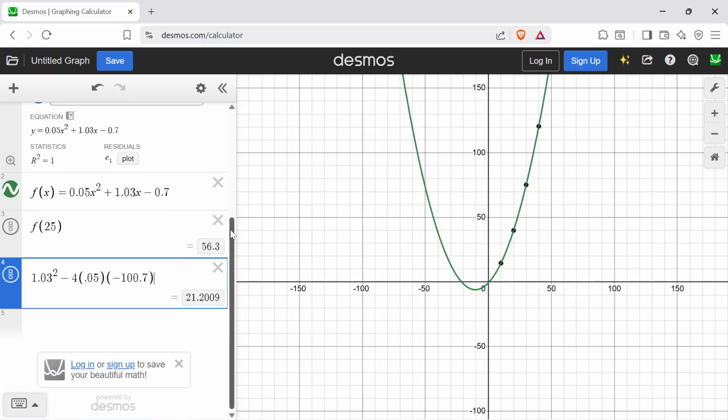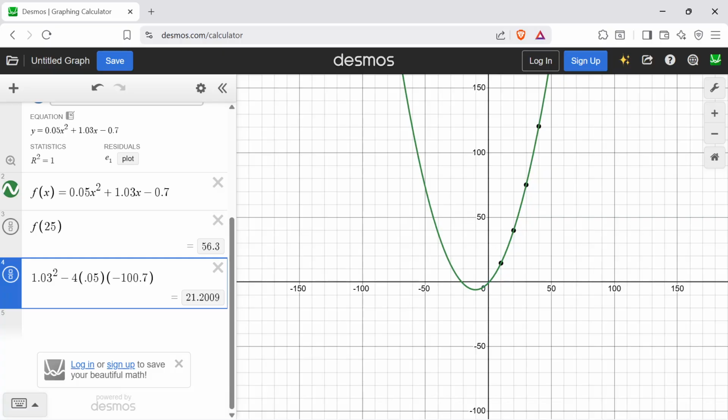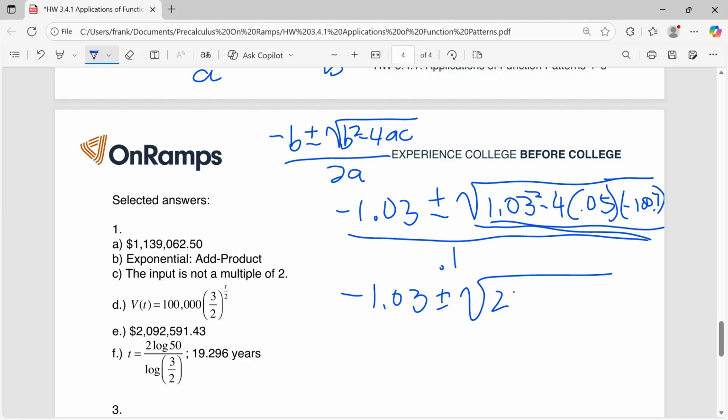That comes up to 21.2009. So this is negative 1.03 plus or minus the square root of 21.2009, all divided by 0.1.